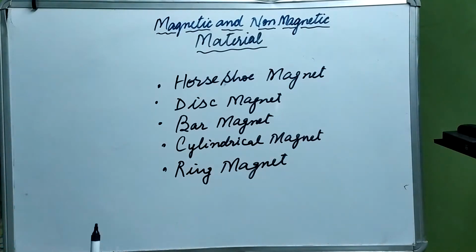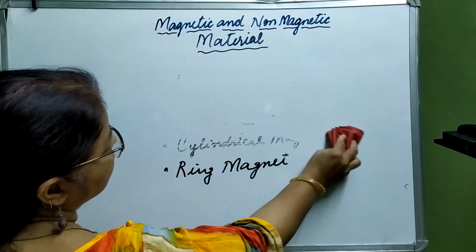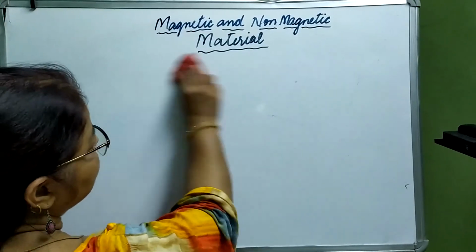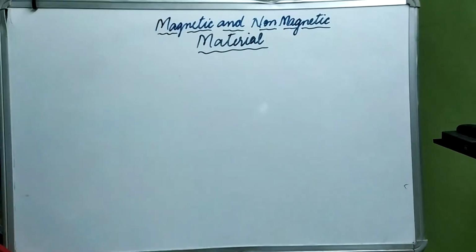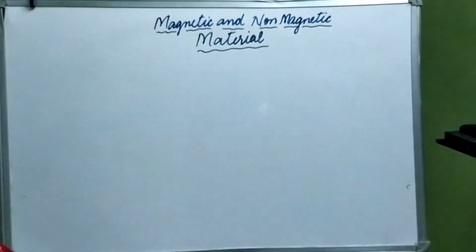Fine. So in the chapter now we are going to move forward and discuss magnetic and non-magnetic material. Now what do you mean by magnetic and non-magnetic material?